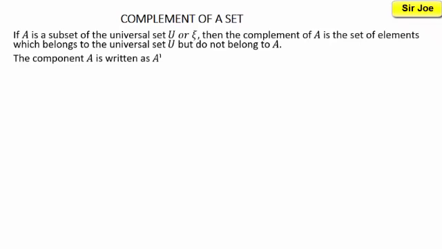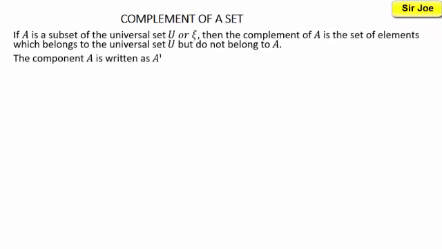When we talk about a complement set, it simply means that if, for instance, I have one universal set, say U, and I have another set A, all the elements in the universal set that cannot be found in my set A become the complement of set A. I hope you get that one.